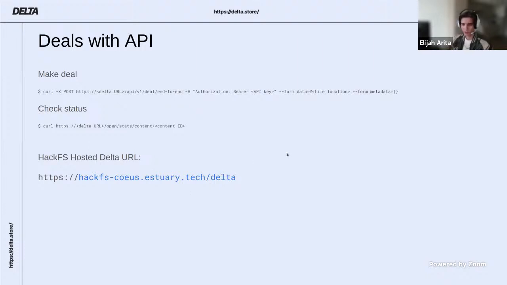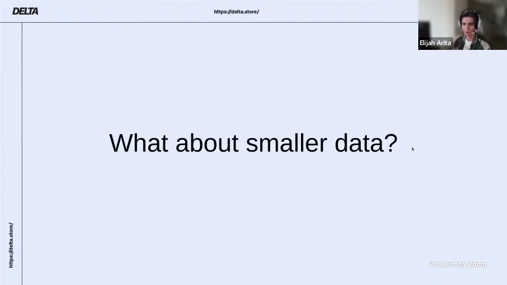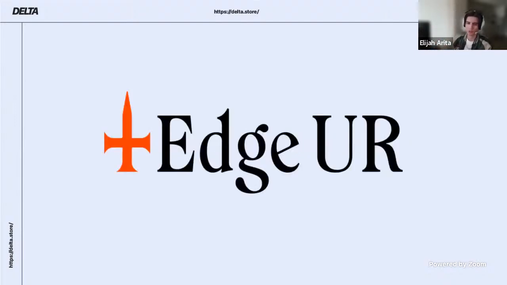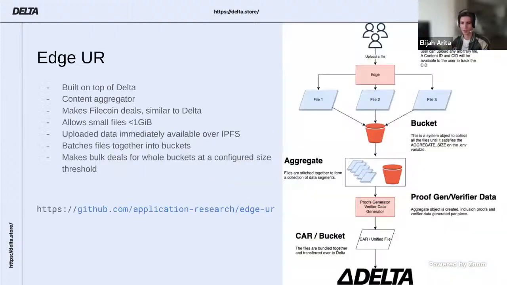So if you want to do 1 gigabyte files, this is great. However, what if you want to do smaller files? What if you've got, like, I don't know, a bunch of little tiny files? That's where EdgeUR comes in. EdgeUR is built on top of Delta, and it's a content aggregator.